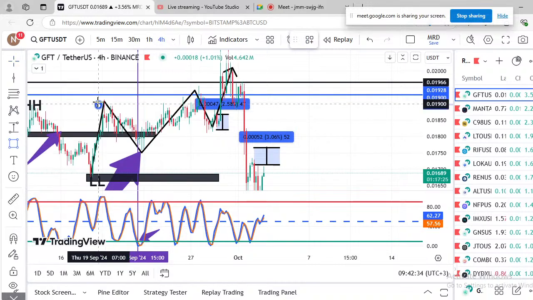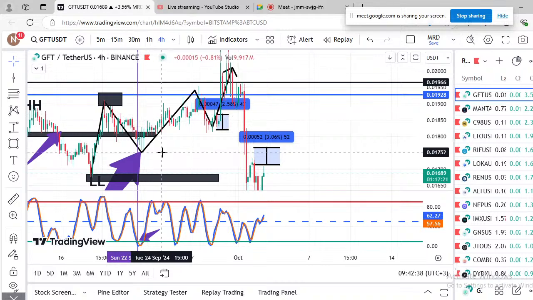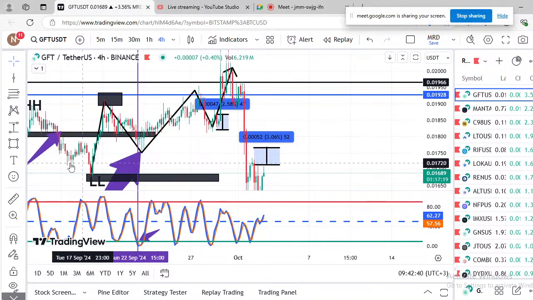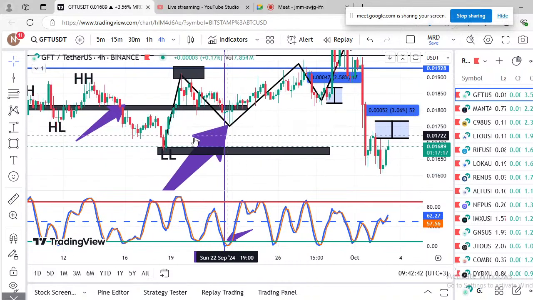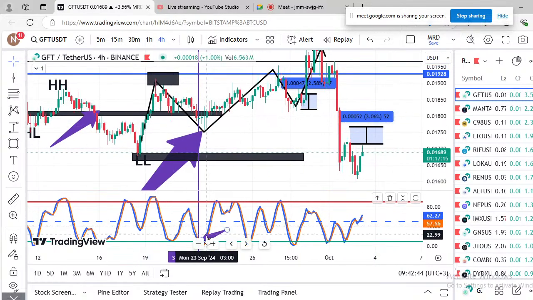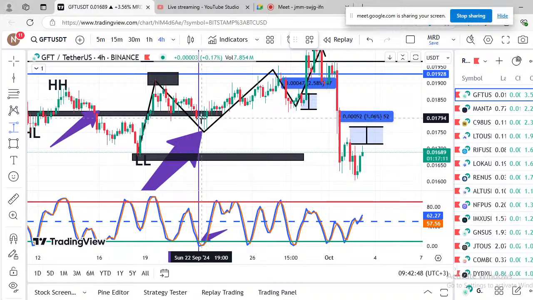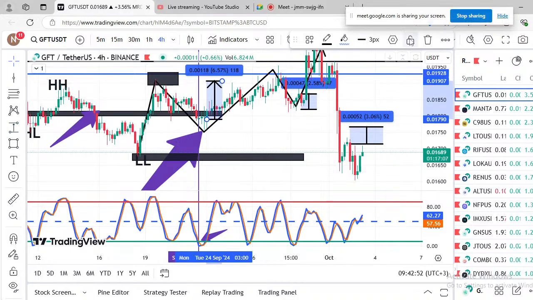This was the previous one. You get the point? Since the lines were coming from oversold down here, your entry was supposed to be here, targeting the previous high, which was 6%.